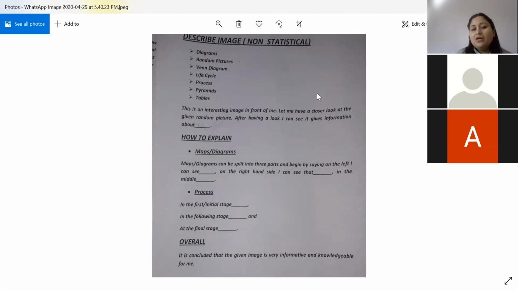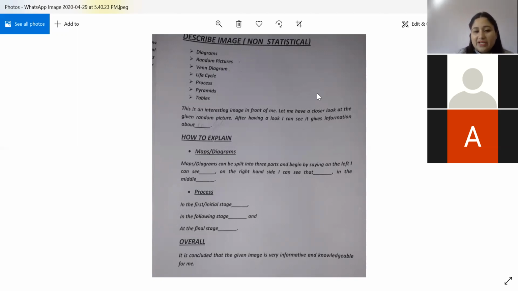You can say here, and then if it's a map or diagram, it can be split into three parts: on the left hand side I can see, and on the right hand side I can see. It's for only maps and diagrams, right? And in the middle there is information regarding so and so.